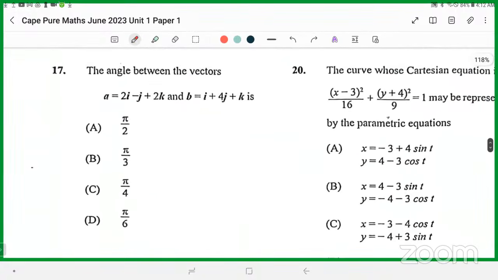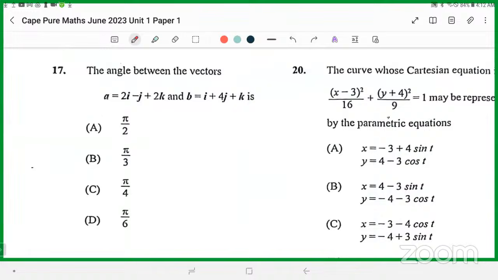Angle between these two vectors. There's a pi by 2 here. I can maybe calculate the scalar product; to get the angle we're going to calculate the scalar product anyway. If the scalar product is 0, then the angle between them is pi by 2, 90 degrees.